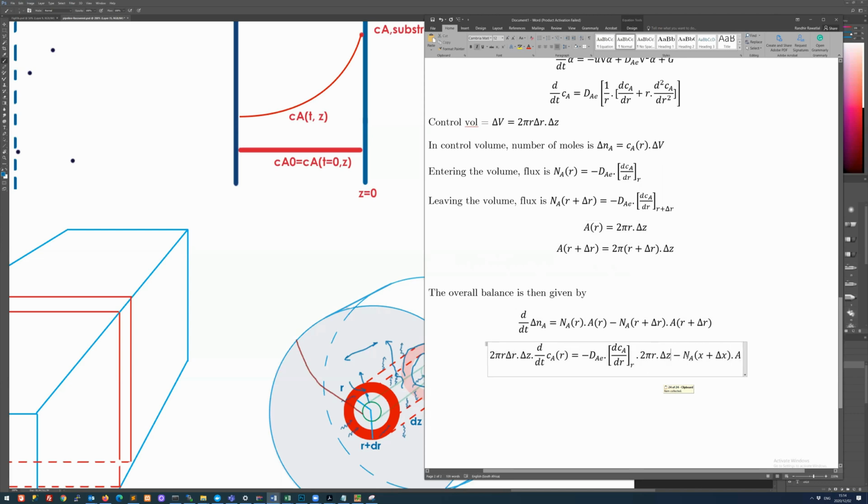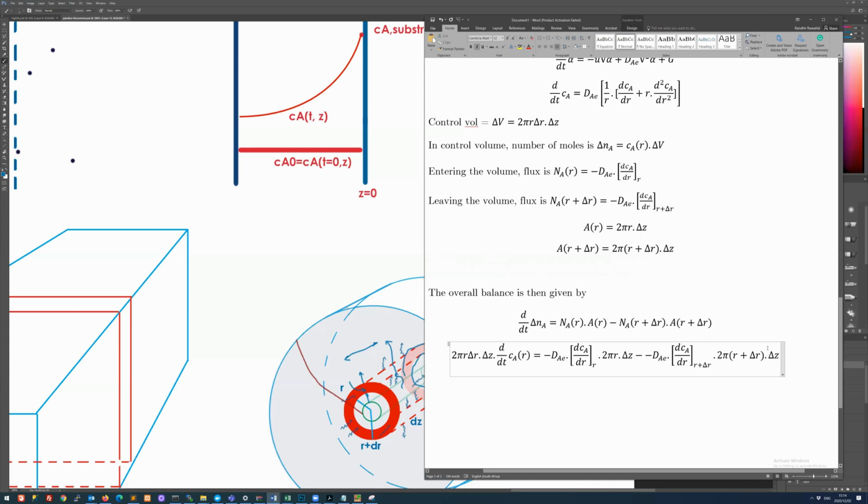And then the flux at R plus delta R is this, and then the area at R plus delta R is this. So far, so good. So that's our balance.